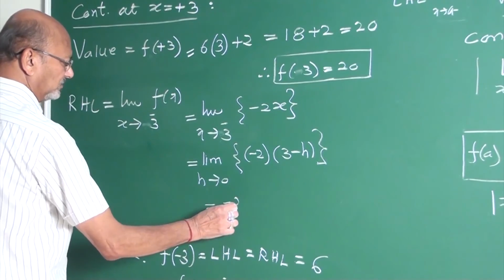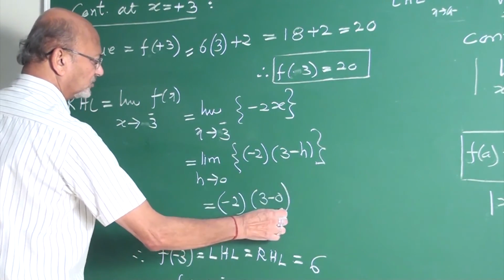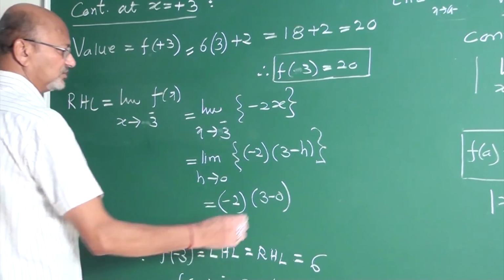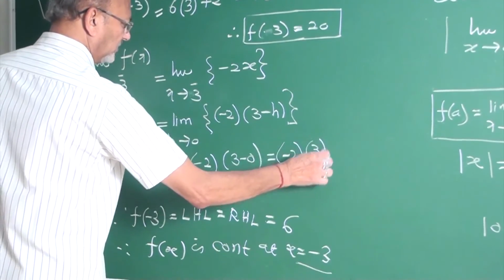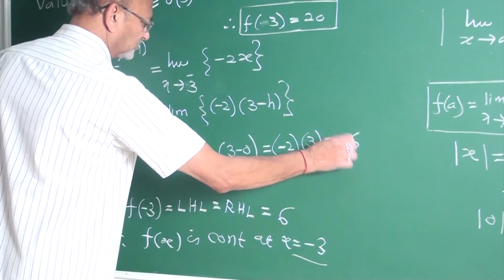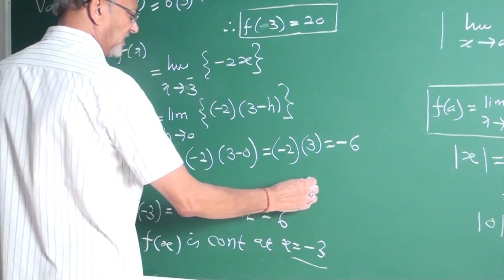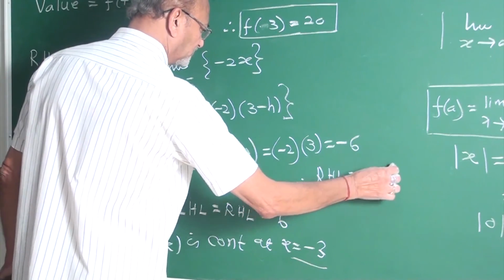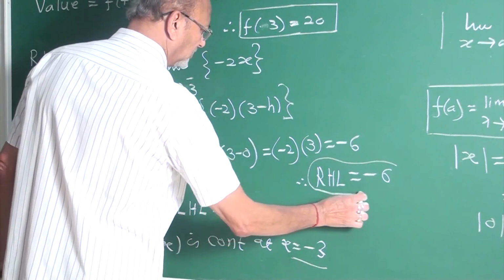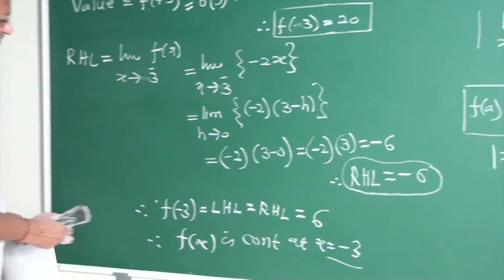This is minus 2 into 3 minus 0, which is minus 2 into plus 3, minus 6. Therefore, the LHL is minus 6.